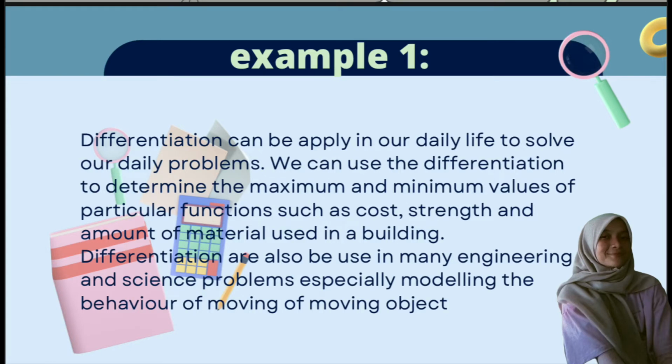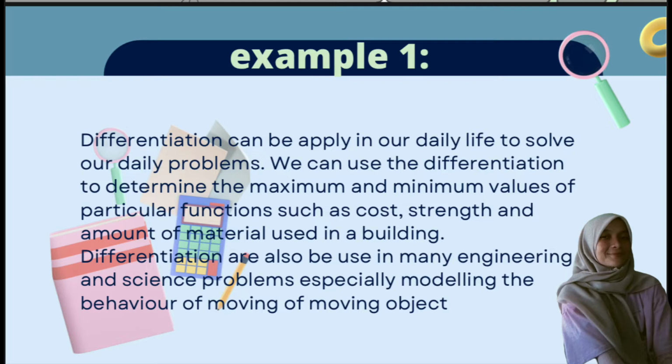Example 1. Differentiation can be applied in our daily life to solve our daily problems. We can use differentiation to determine the maximum and minimum values of a particular function, such as cost, strength, and amount of material used in a building.